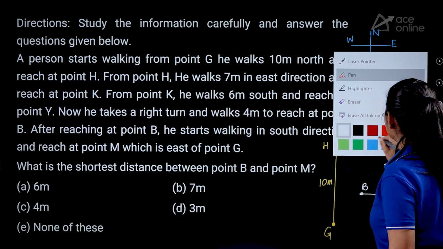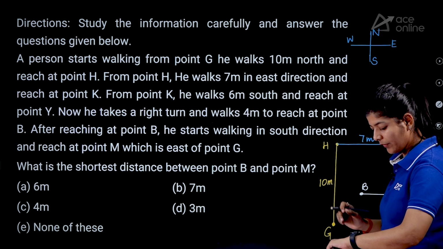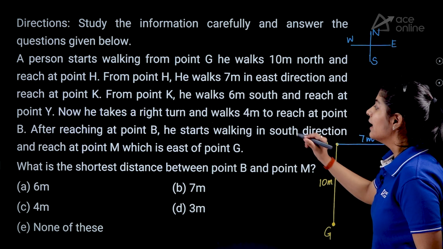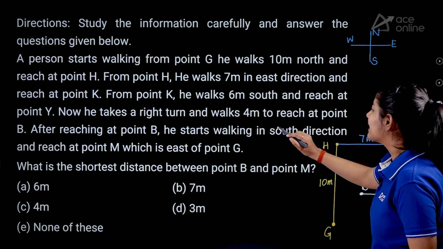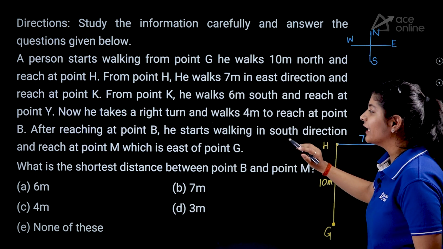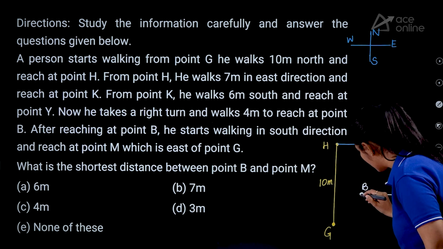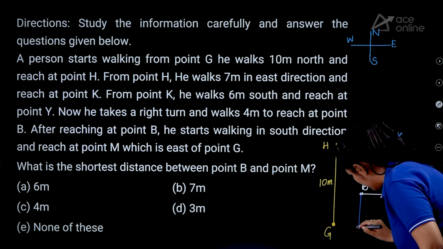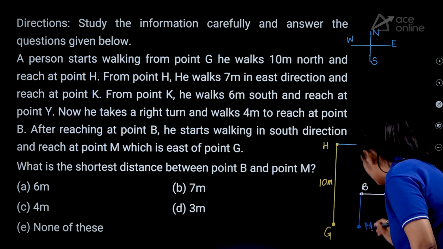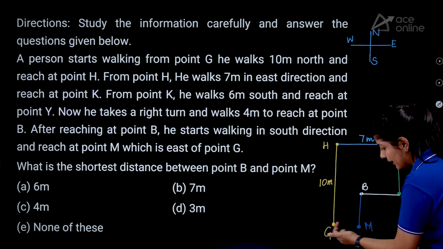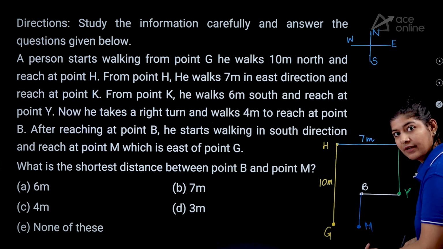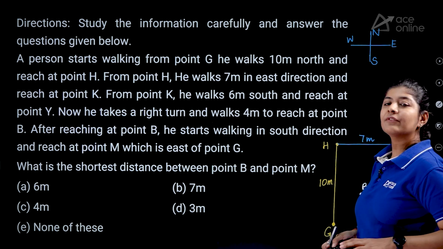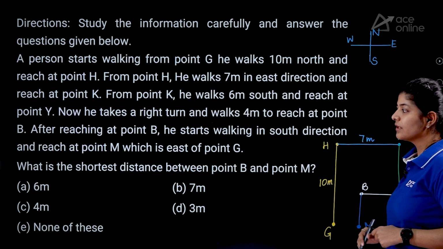Now from point B he starts walking in the south direction and reaches point M, which is east of G. So here it will reach at this point, which is in the east direction of G, right? Okay. Now what we have to do, we have to answer a few questions.